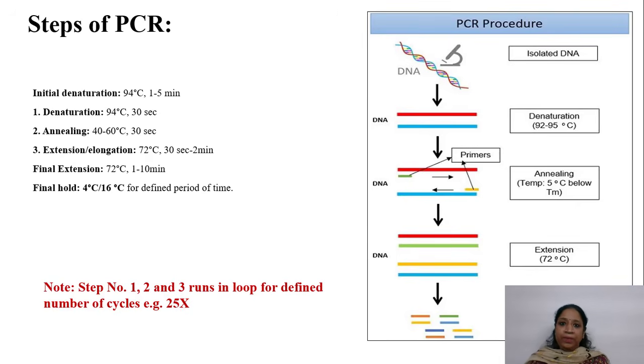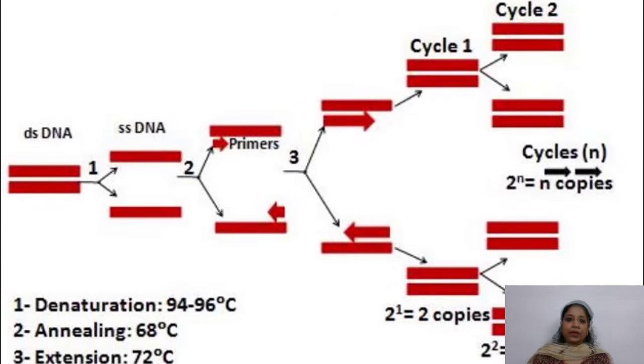These steps are repeated in cycles, and with each cycle, the amount of DNA doubles. By the end of 25 to 30 cycles, you have millions or even billions of copies of the target DNA sequence.